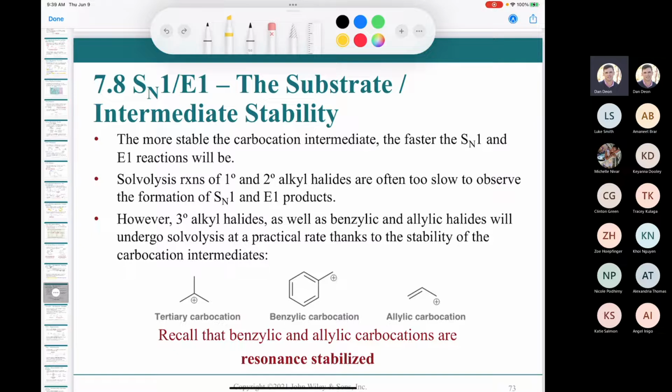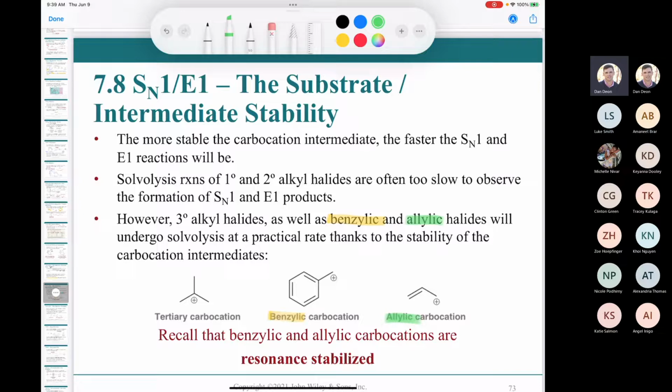It doesn't even happen. However, besides tertiary alkyl halides, you can imagine this being organic chemistry, there have to be other substrates that can undergo Sn1, and the answer is yes. If you have benzylic or allylic halides, they can also undergo solvolysis reactions.